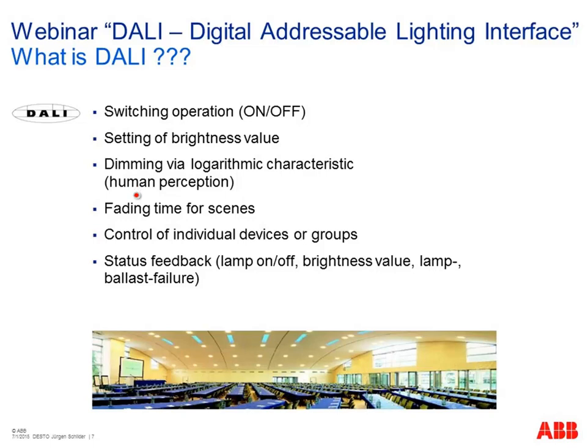If you activate scenes, light scenes, you will see this later on. Numerous lights will be switched on to a dedicated lighting level, which can be different lighting levels. Then all lights reach the end brightness value at the same time. So a very comfortable way of activating light scenes, for example.